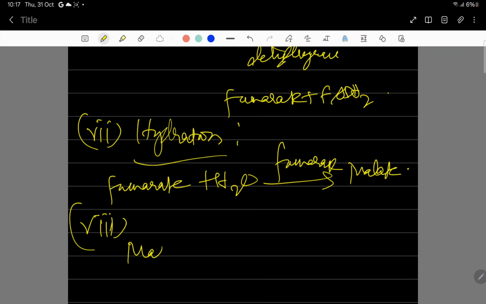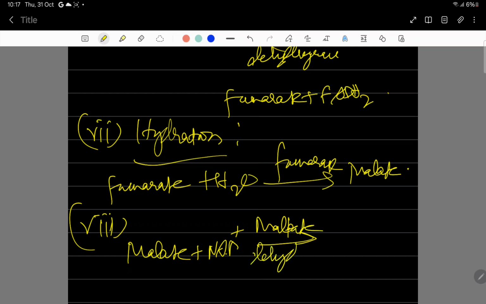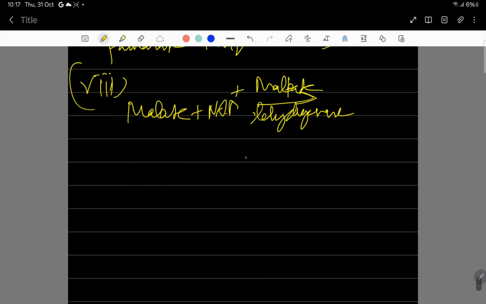So malate plus NAD positive, in presence of malate dehydrogenase, gives you oxaloacetate plus NADH plus H positive. So oxaloacetate combines with acetyl coenzyme A to form citrate, and so the cycle continues.